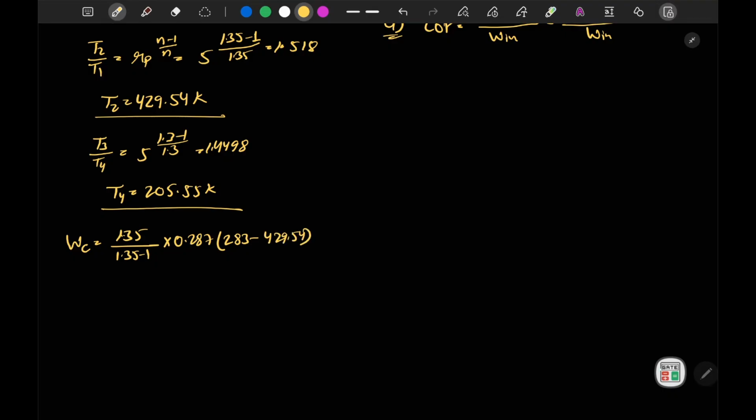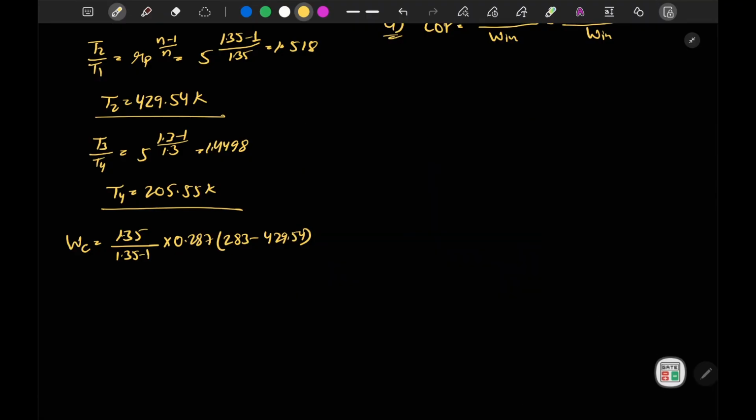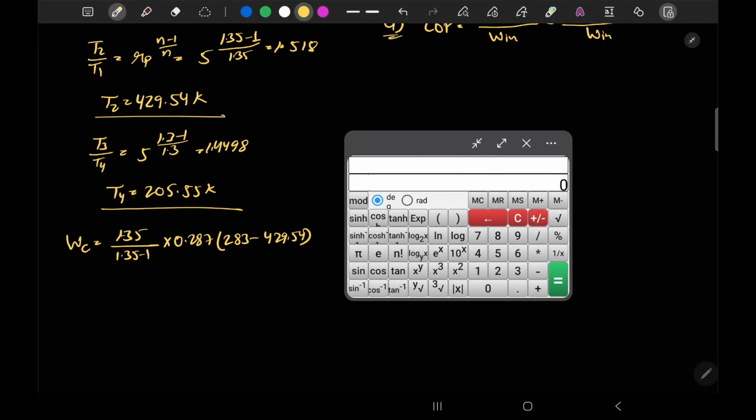So 283 minus 429.54, into 0.287, into 1.35 divided by 0.35.